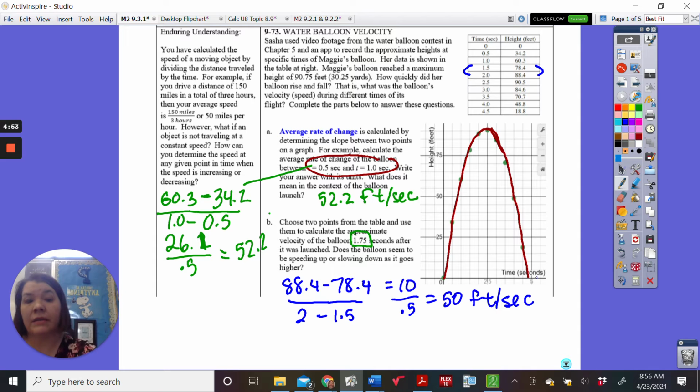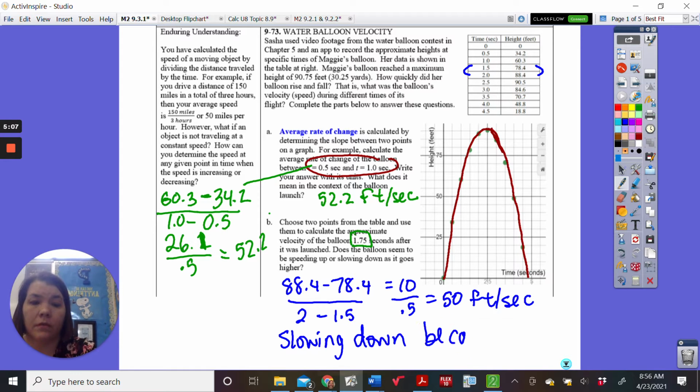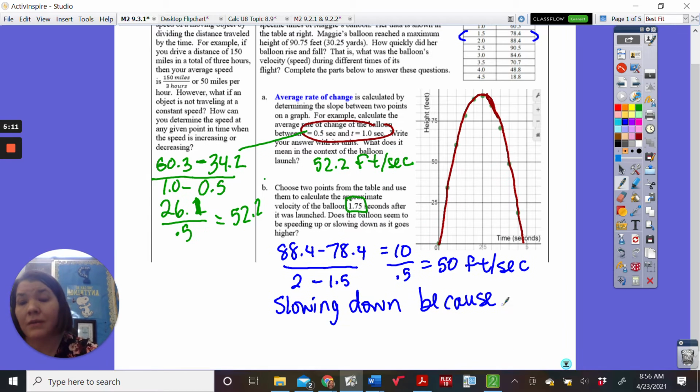As it gets higher, since the velocity has decreased, it appears to be slowing down. We don't really know, by the way, it's a calculus question, but it's slowing down because the velocity is decreasing.